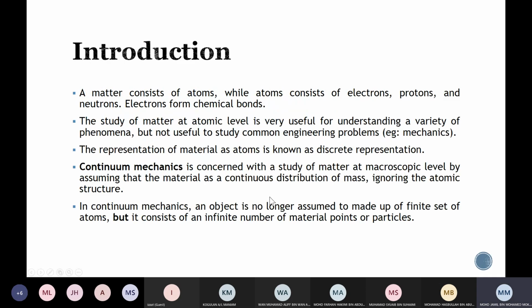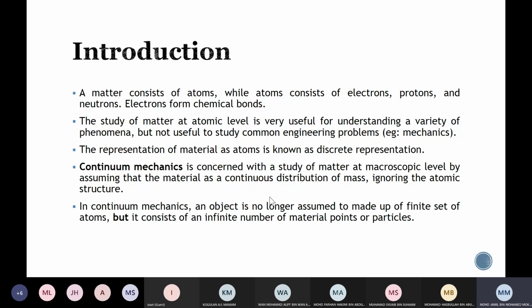Before we go into detail, let's look a bit at what is actually continuum mechanics. A matter usually consists of atoms. In an atom we have electrons, protons, and neutrons, and the electrons can form chemical bonds with other atoms. To study the mechanics at atomic level is actually very useful.